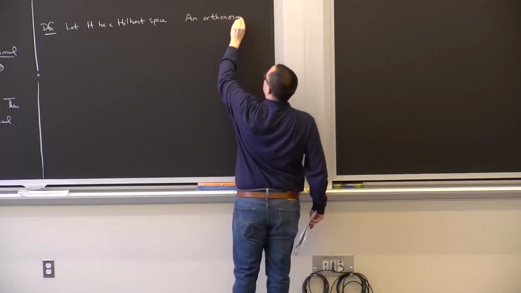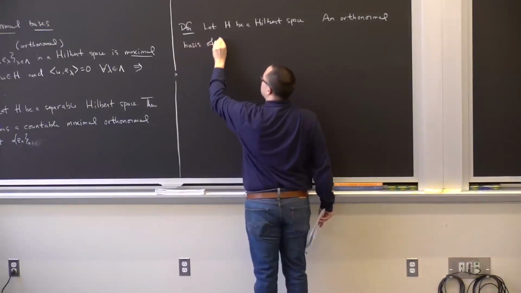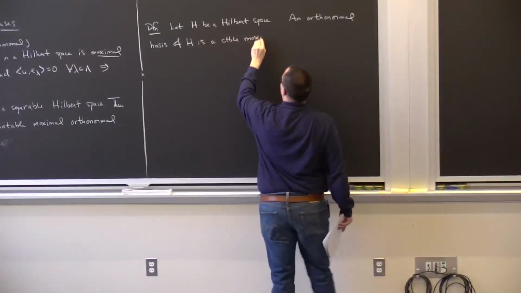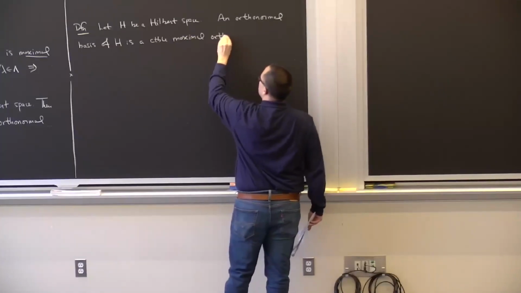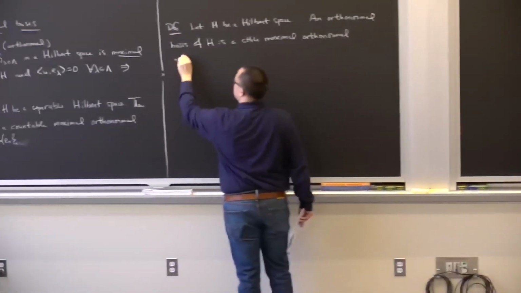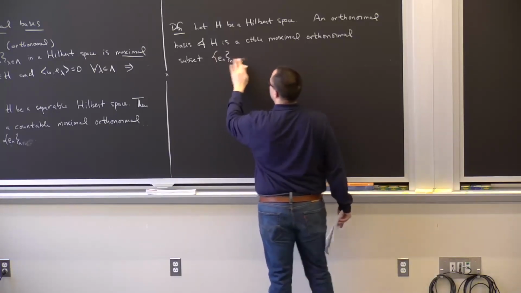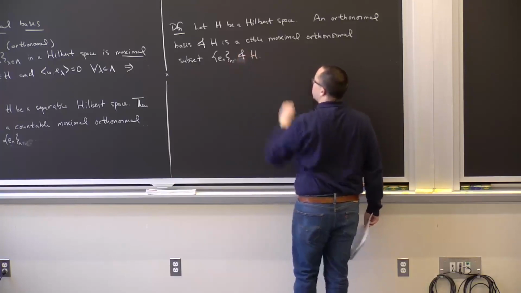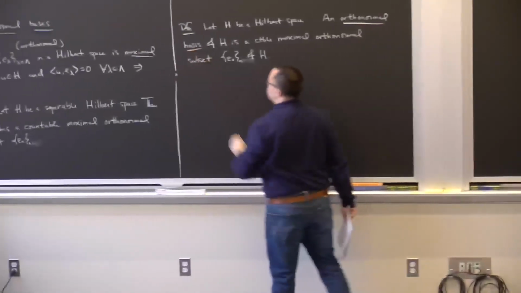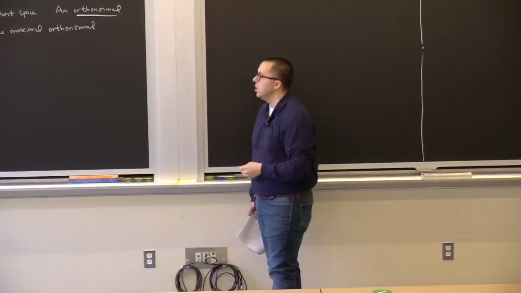An orthonormal basis of H is a countable maximal orthonormal subset, say (e_n), of H. So an orthonormal basis is just a special name that we give to those maximal orthonormal subsets which are countable, meaning they can be either finite or countably infinite.